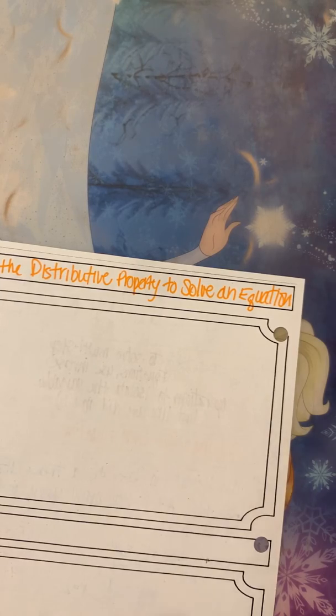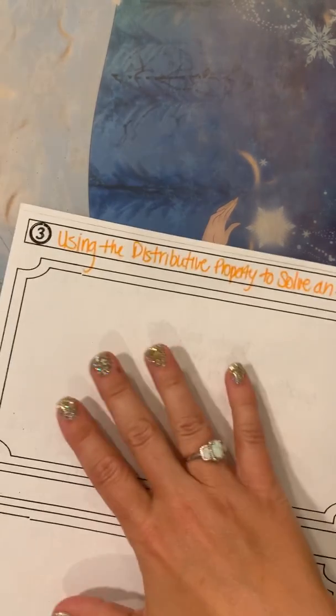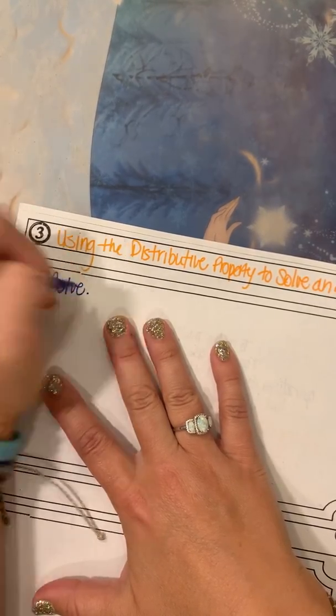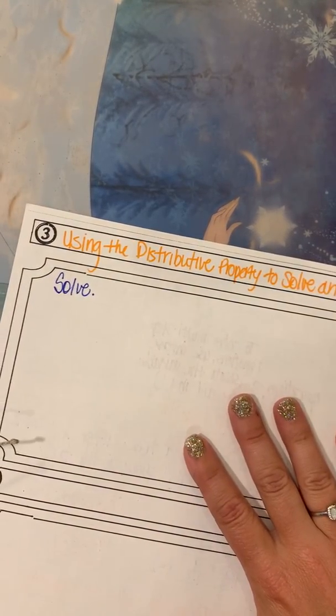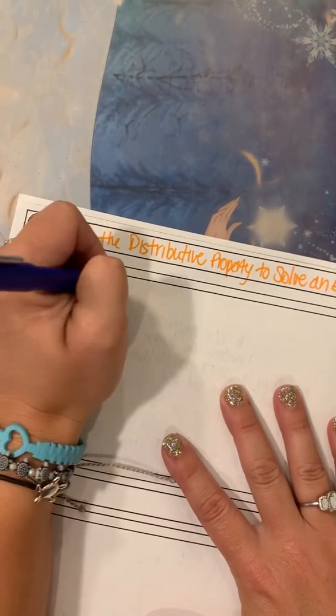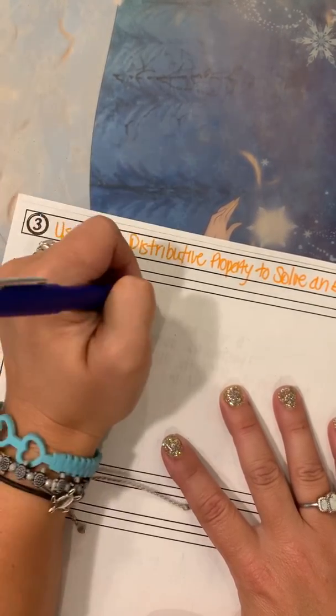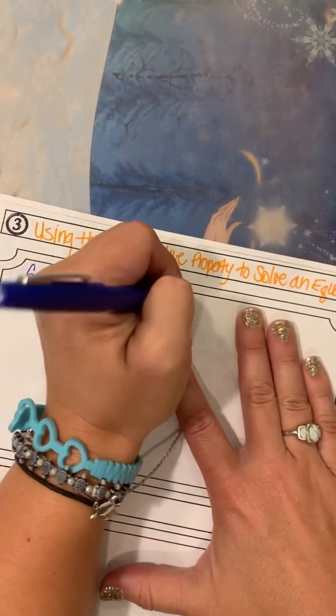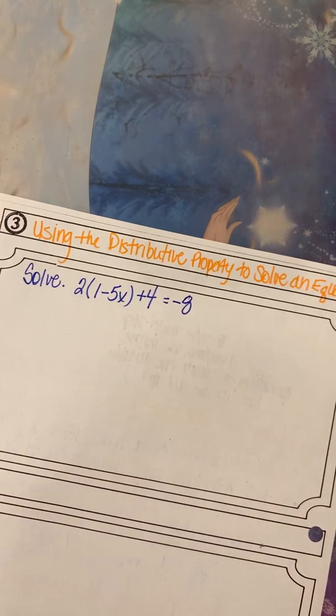Okay, so now it says to solve 2 times parentheses 1 minus 5x, plus 4 equal to negative 8.